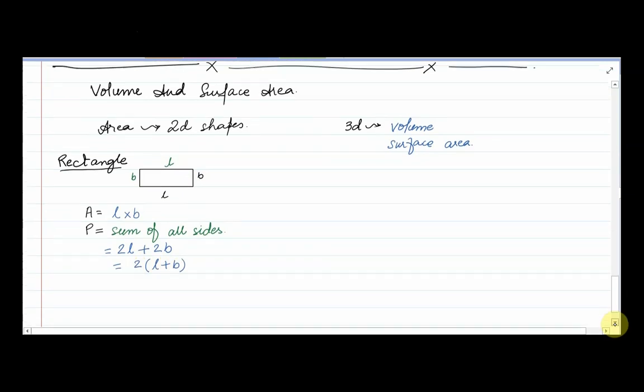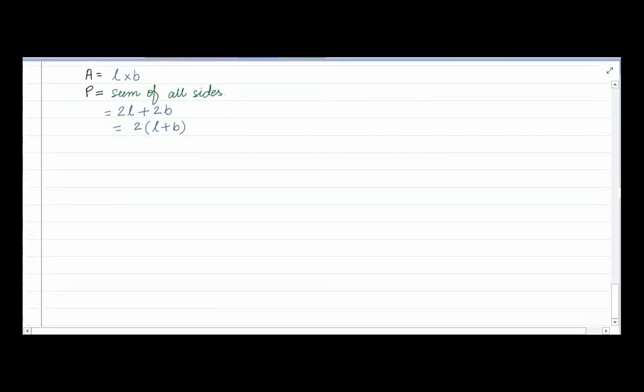Now after rectangle, the second 2D shape I am going to cover is a square. Now what is a square? A quadrilateral in which all the 4 lengths are equal is called a square.